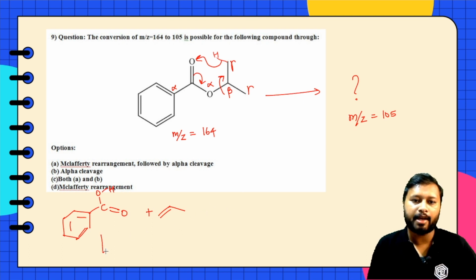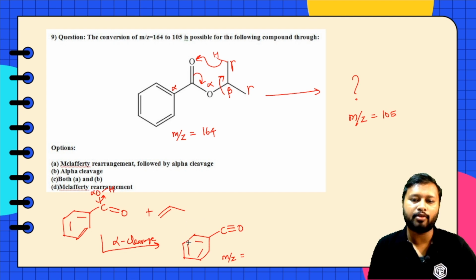Now if I apply alpha cleavage on this, alpha cleavage is going to remove the OH group, and this is alpha because this is the alpha bond. So this is going to undergo alpha cleavage, and you are going to have something like this, C triple bond O. Now if you see the m/z value for that, the phenyl group is going to have an m/z value of 77, and along with that you have carbon and oxygen, which is 12 plus 16, which is 28.